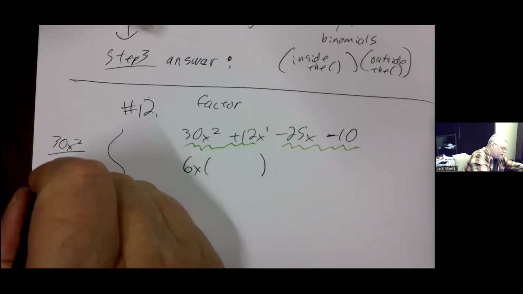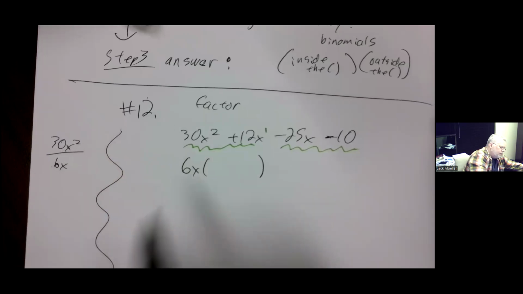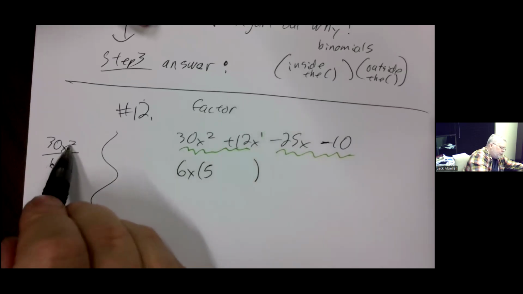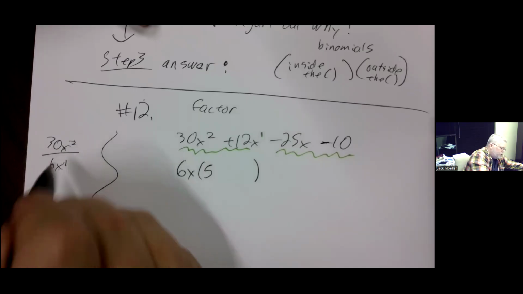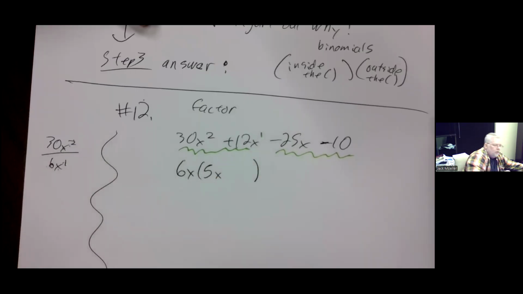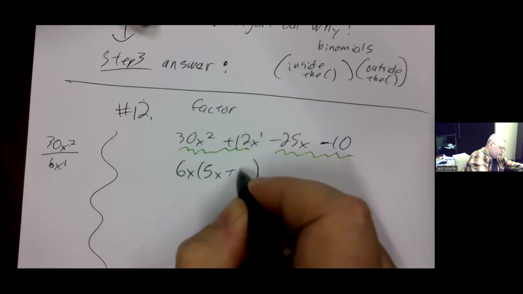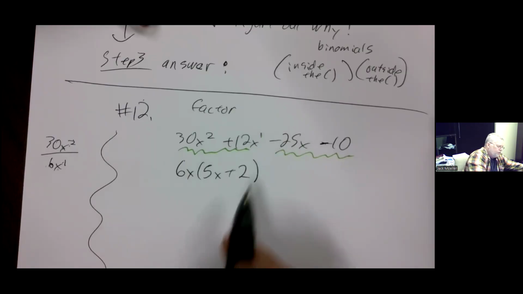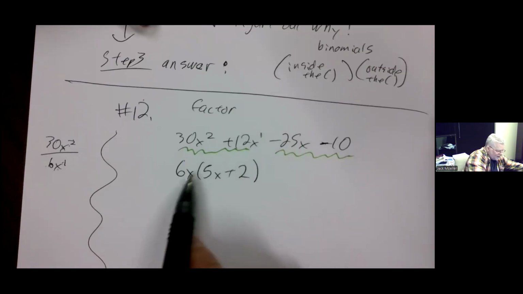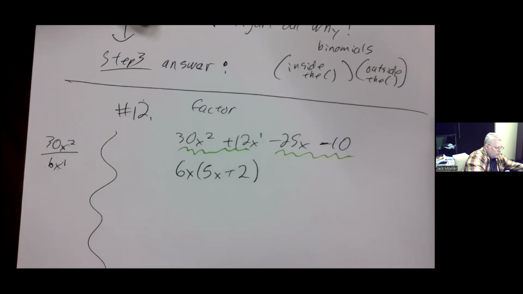So we're doing 30x squared divided by 6x. 30 divided by 6 is 5. X squared divided by x, well, 2 minus 1 gives us x to the first, which is x. And then 12x divided by 6x. The 12 divided by 6 is 2. X divided by x is 1, so there's no x.